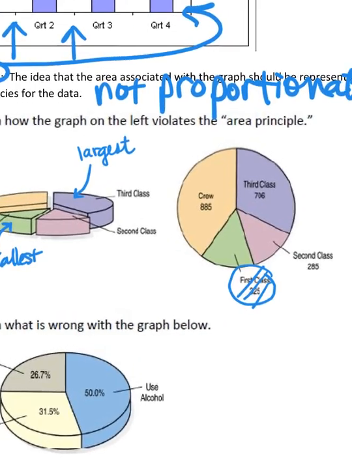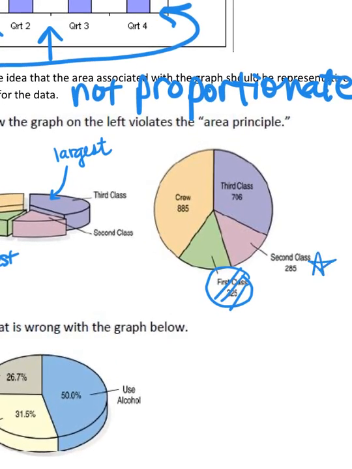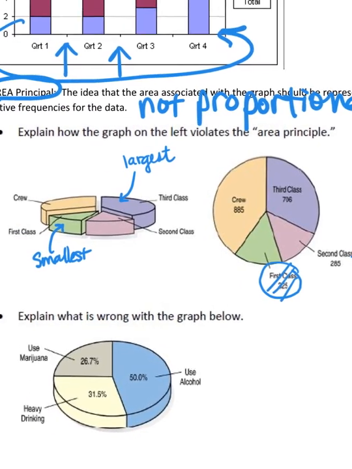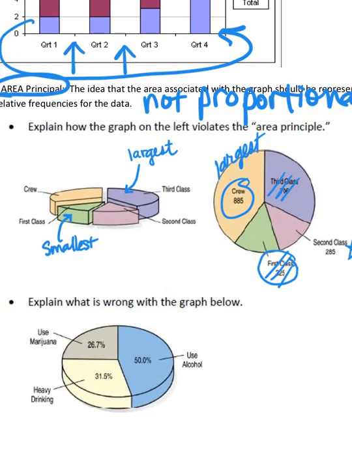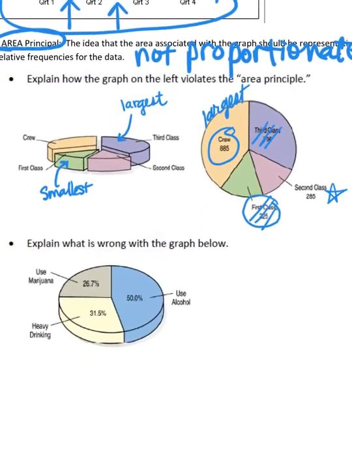In fact, second class is the smallest, and we can see that third class is not the largest, where in fact crew is the largest. So because of the tilt and the three-dimensional layout chosen for this picture on the left, it misrepresented both the smallest and the largest of those items.